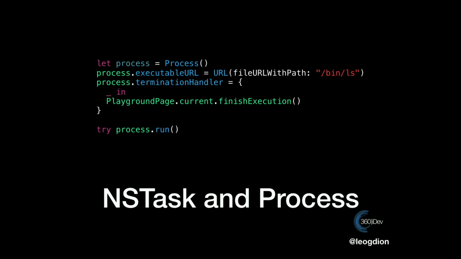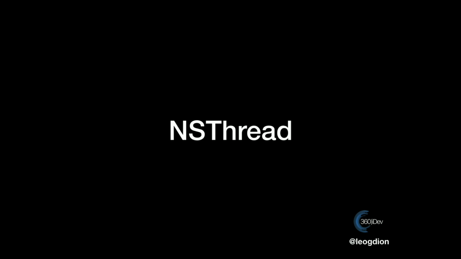Process also allows you to do it synchronously, where you can wait until the process has exited or completed. I think there's a lot of utility to something like this if you're running anything on macOS and you specifically want to run an external command. Obviously I wouldn't suggest list, that's why we have FileManager, but there are situations where you want to run a separate command and access what that command does for the user.